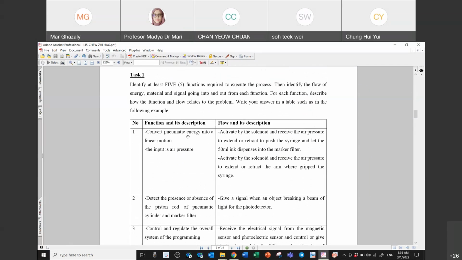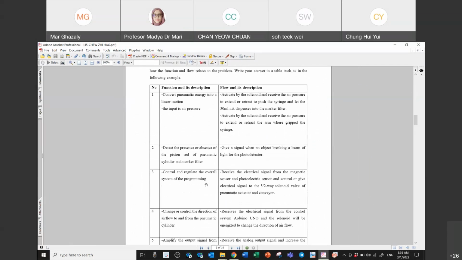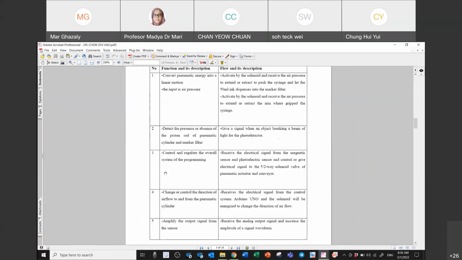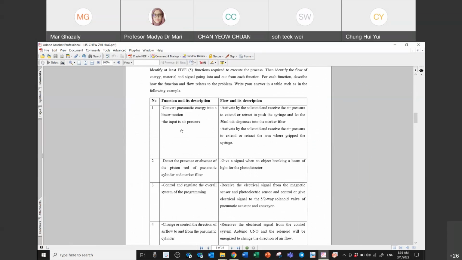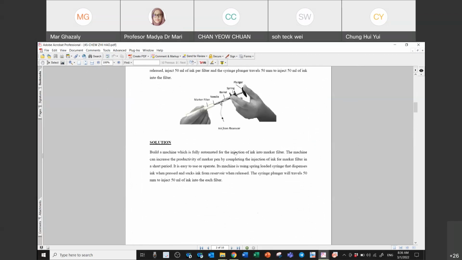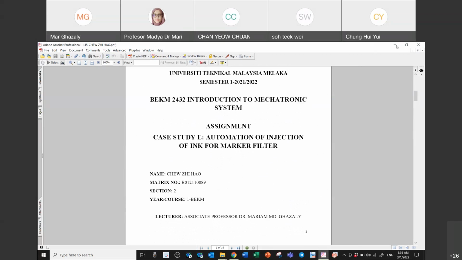Okay, so Chu listed out 9 flows and functions. My suggestion is that when you list out all of the flows and functions, try to list them based on the stages, like Chu just now.